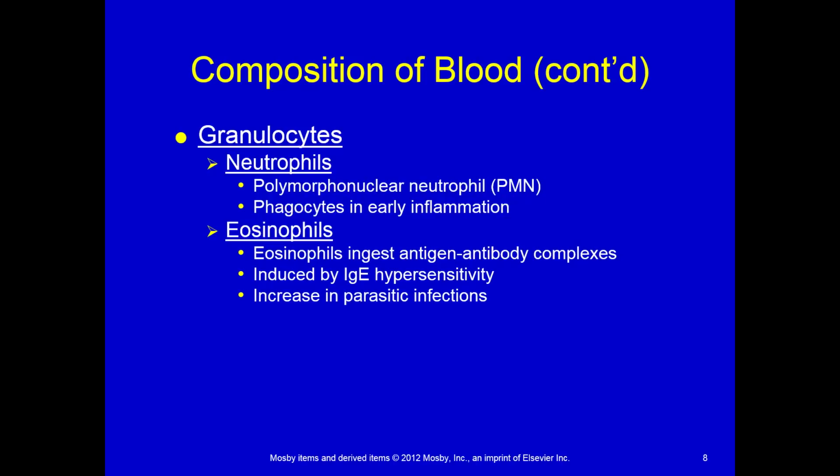They're part of something called a polymorphonuclear neutrophil, and we're going to talk about that in just a little bit. They are certainly those big phagocytes in early inflammation, so they're very helpful in an early inflammatory response.